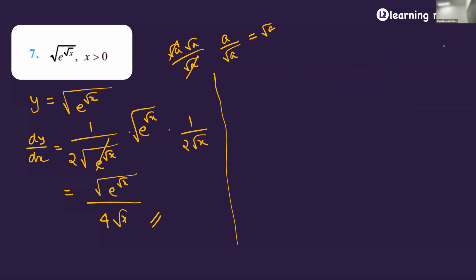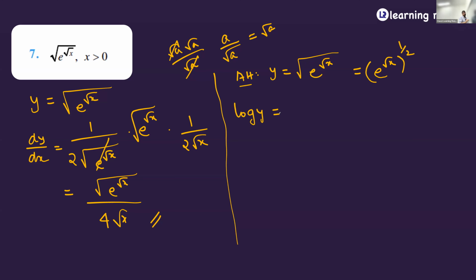Okay, now listen. We'll do it in the alternate way also. So the alternate way is y is equal to square root of e power root x. Okay. So basically you have square root means it is e power root x to the power half. Make sense? So you take log on both the sides.